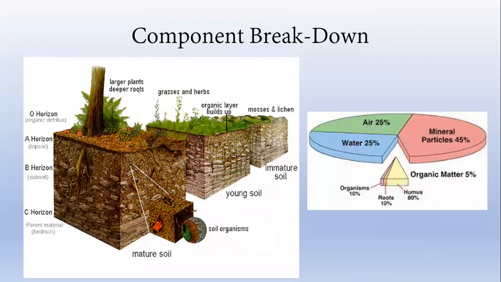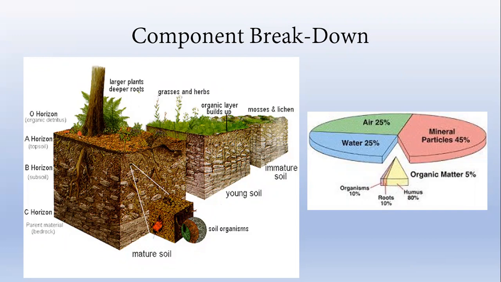Within the soil matrix, sand, silt, and clay particles come together to form aggregates, often also called peds. These aggregates form little holes all put together, and these little holes are called pore spaces. And this is where air and water can infiltrate. If we look at our pie diagram over here, we've got the mineral particles, that's sand, silt, and clay.